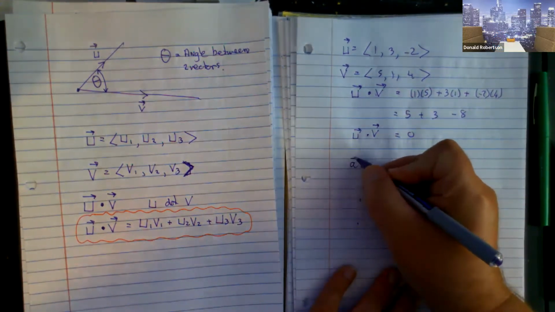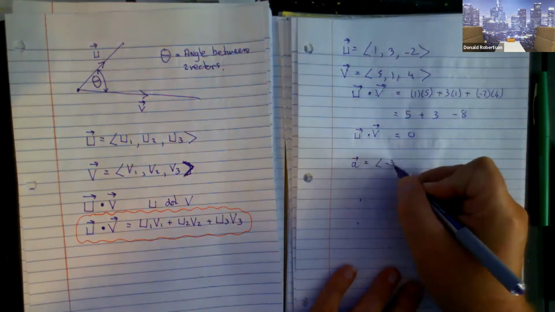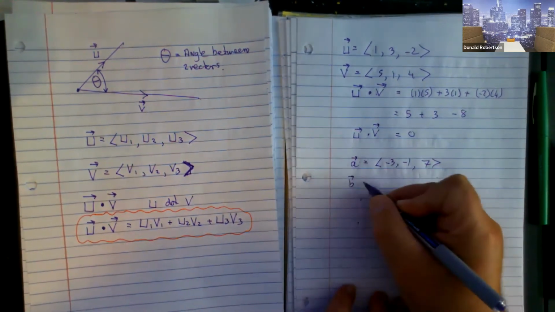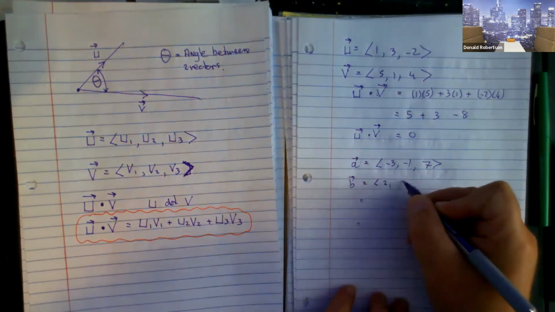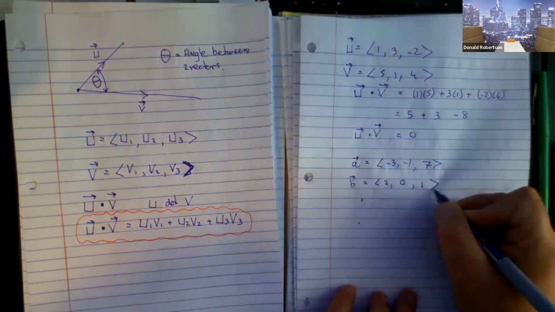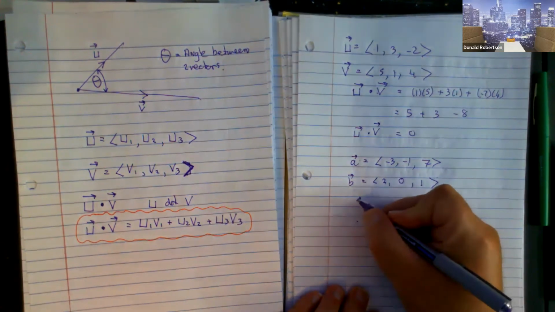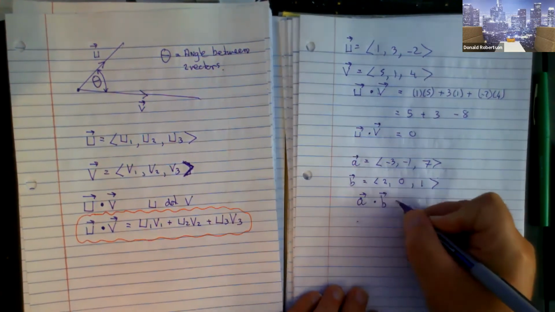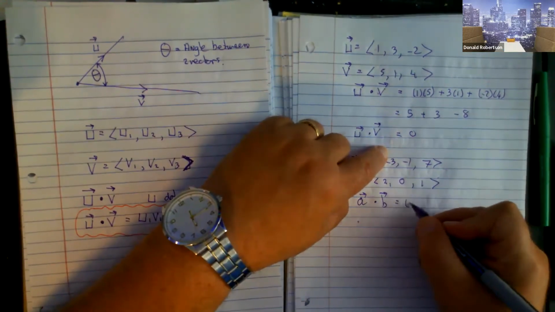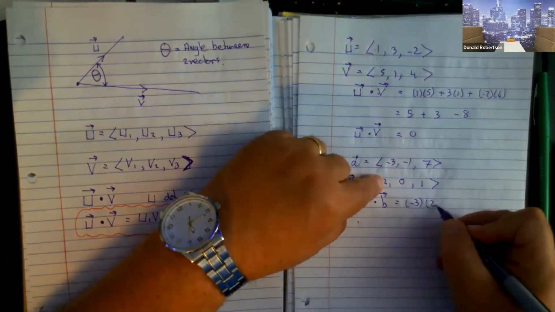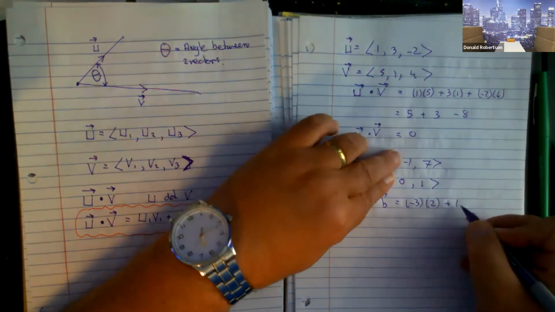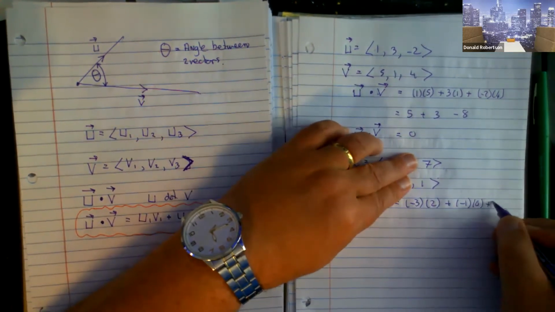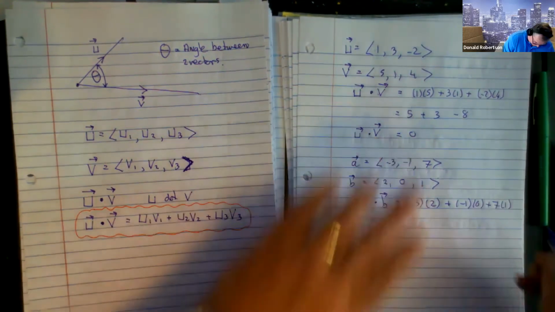Suppose I have A = (-3, -1, 7) and B = (2, 0, 1). If you're asked to find the dot product, A dot B, it will be -3 times 2, add -1 times 0, add 7 times 1.